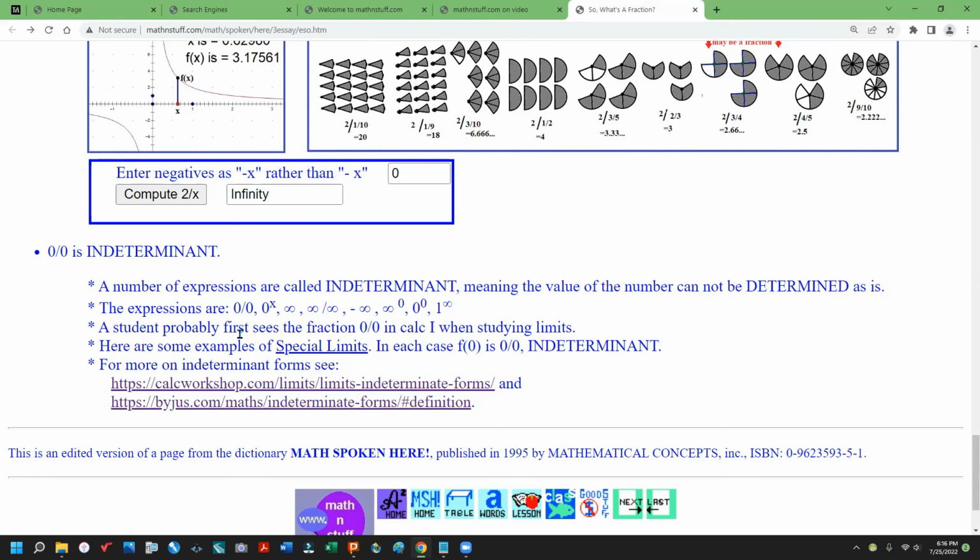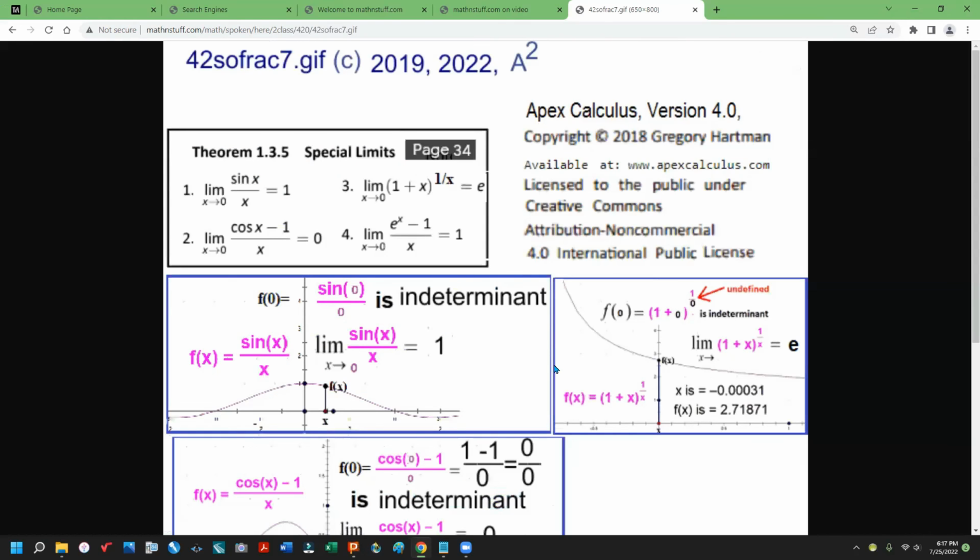A student probably sees this first in Calc 1. Here's where they would see it when they talk about special limits. We're going to go to that link. There we go. Okay, this is a page from my notes.